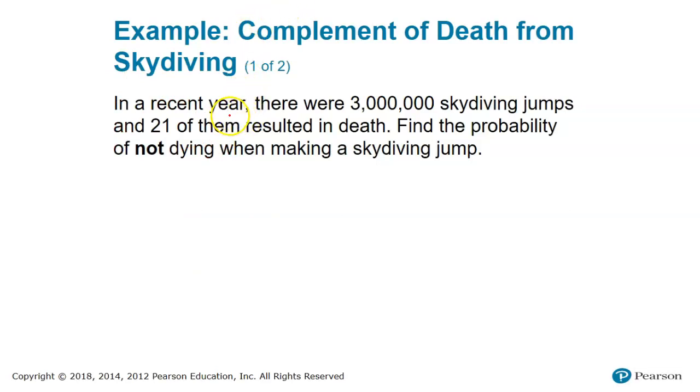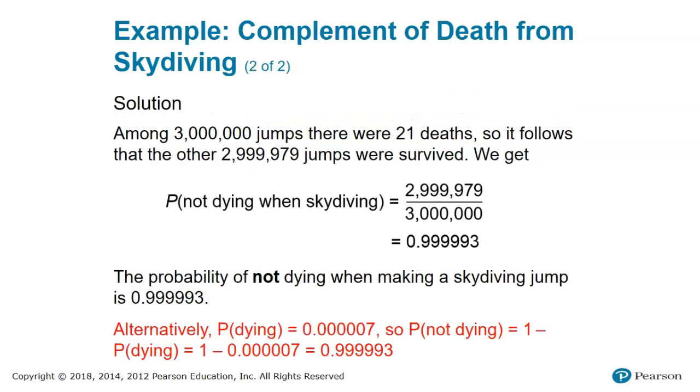Okay, so here's an example with the skydiving and the complement. So we found the probability of dying when making a skydiving jump. But if we want the probability of not dying, which would be the complement to that, we can look here. And we can either go straight and figure out the probability of not dying, because if 21 did die, then that leaves this number that did not die. So that divided by 3 million gives me this as my probability of not dying.